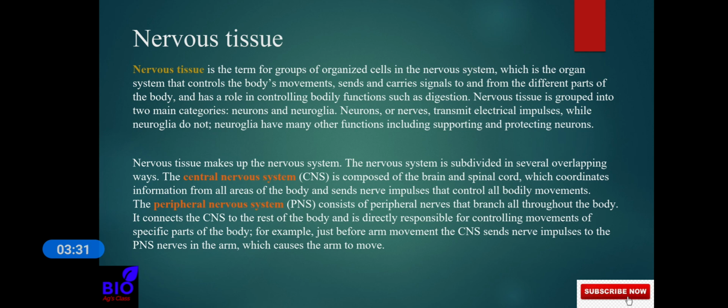For example, just before arm movement, the CNS sends nerve impulses to the PNS nerves in the arm, which causes the arm to move. That means both the central nervous system and peripheral nervous system are working together for our movements, for our different kinds of impulses.